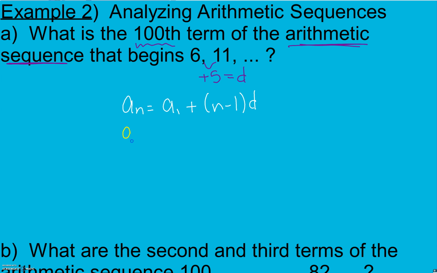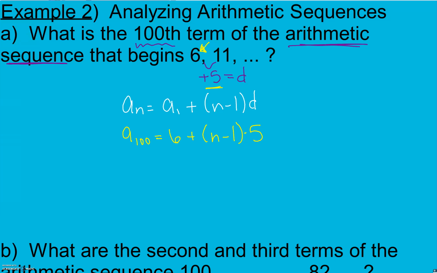We want the 100th term. We know our first term is 6. We keep the n minus 1, and our common difference is 5. We can plug in 100 for n, just like I did here.